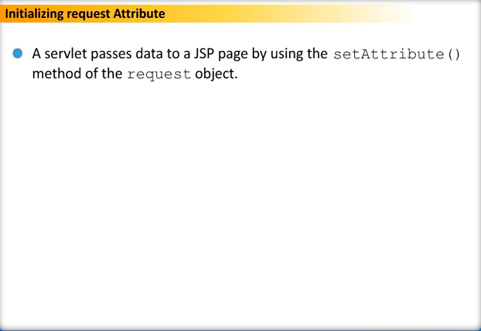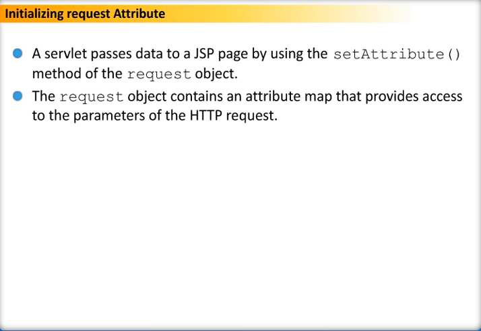Before performing the forwarding mechanism, a servlet can initialize a request attribute by using the setAttribute method of the request object. This attribute provides data to the called JSP page or servlet. Initialization of a request attribute creates an attribute map that provides access to the parameters of the HTTP request.